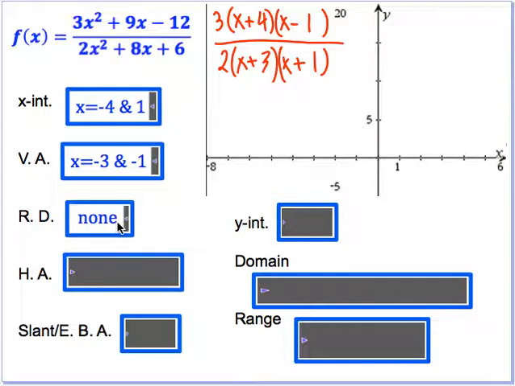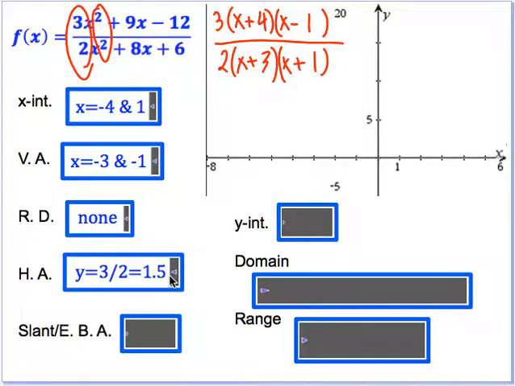Because my degrees are equal to each other up here, I'm going to take my leading coefficients to find my horizontal asymptote. And so the horizontal asymptote is just at 3/2 or 1.5. Because I have a horizontal, I do not have a slant behavior.